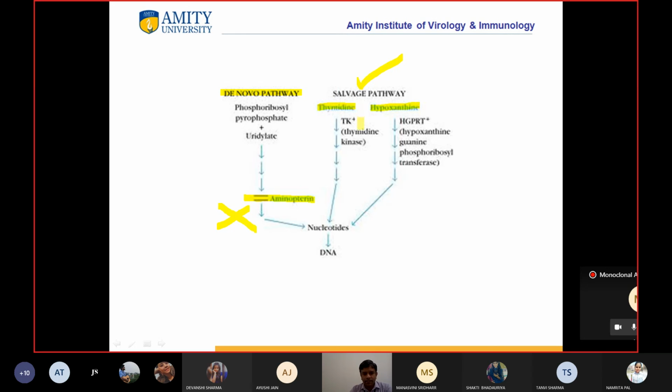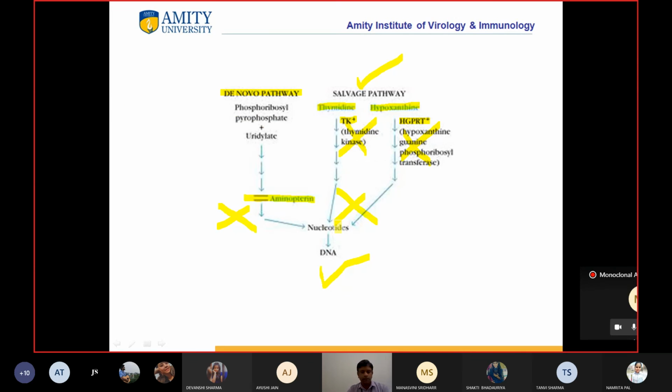So if the cell has this thymidine kinase gene and the HGPRT gene, then it will use this pathway for the production of nucleotides and the cell will survive. But if we create a mutation here in HGPRT or thymidine kinase, and they are not there, this pathway will also not work. Clear?